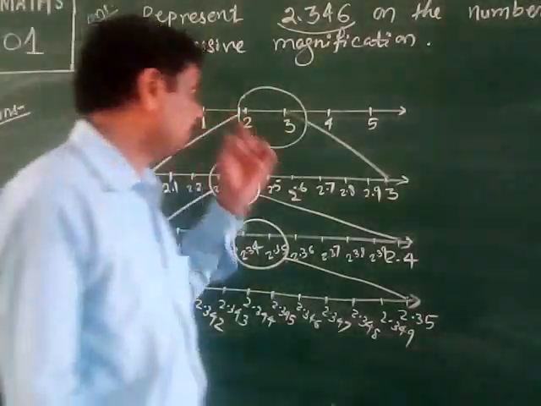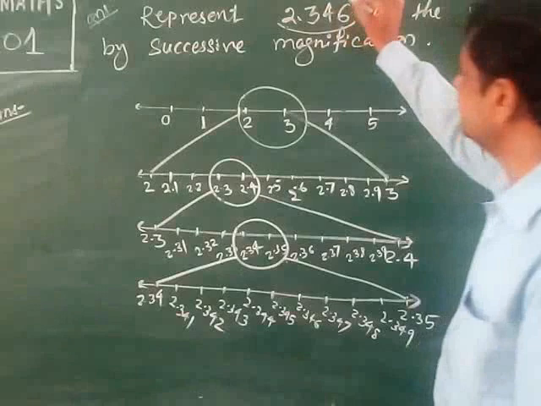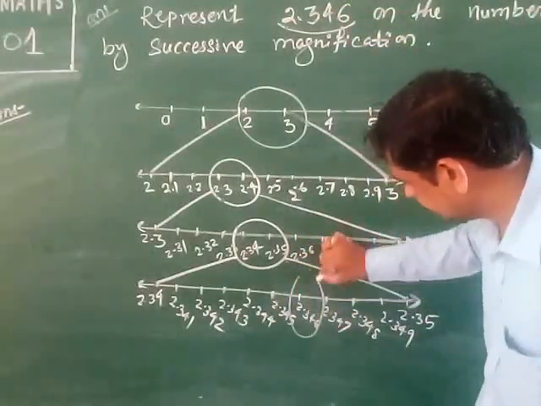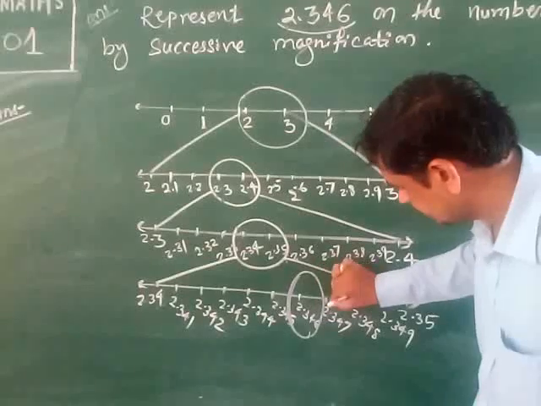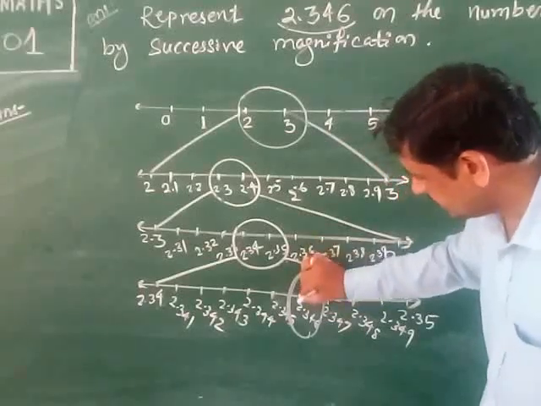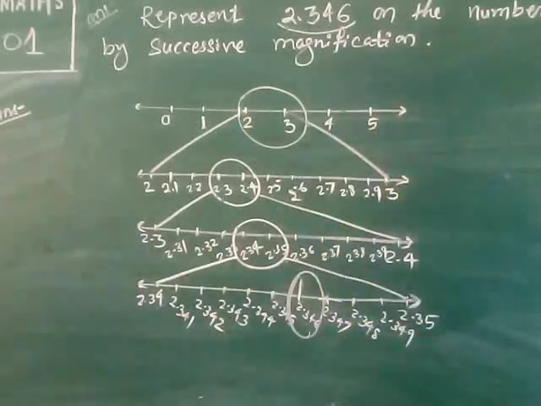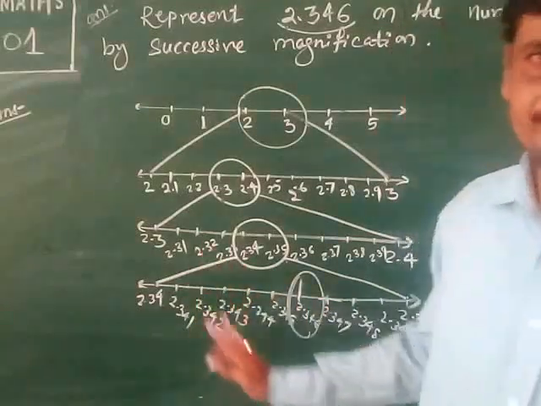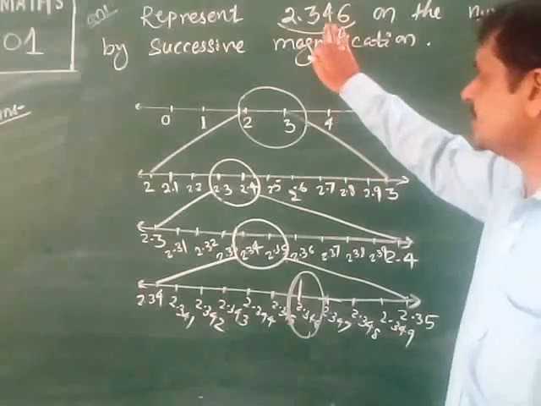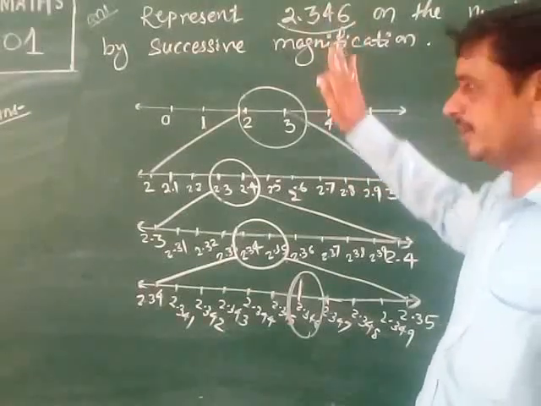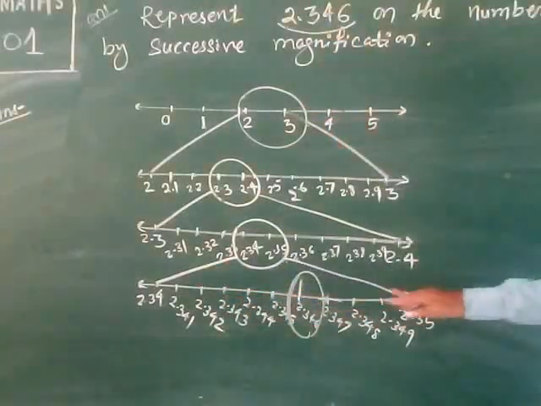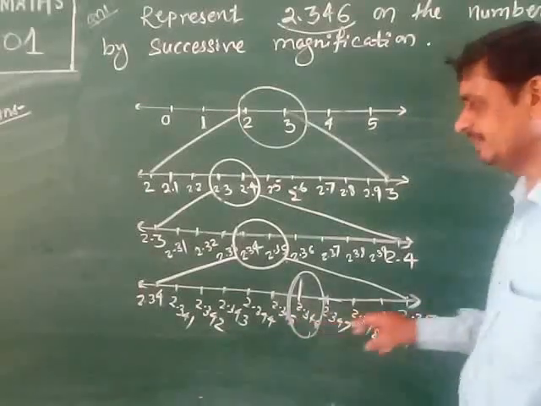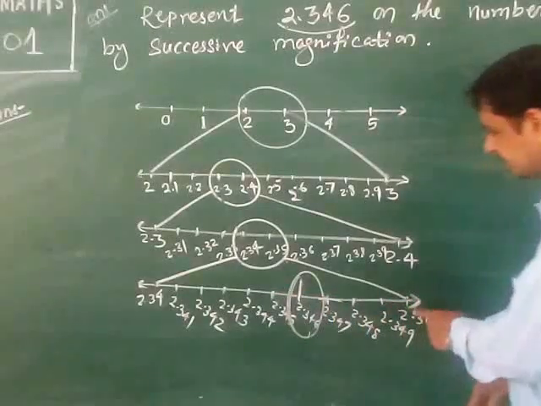Here the number given is 2.346. This one is the number which shows 2.346. It is the given number. Now we have visualized the number on the number line. Here this 2.346 is present in between 2.34 and 2.35.